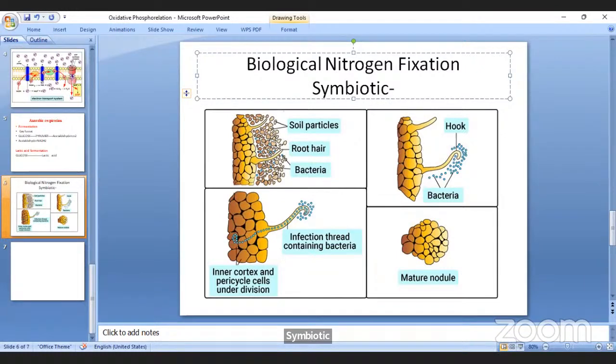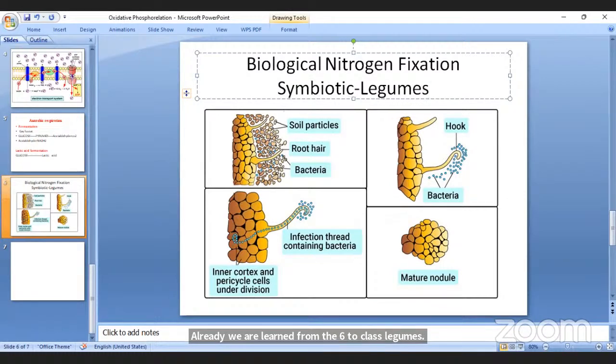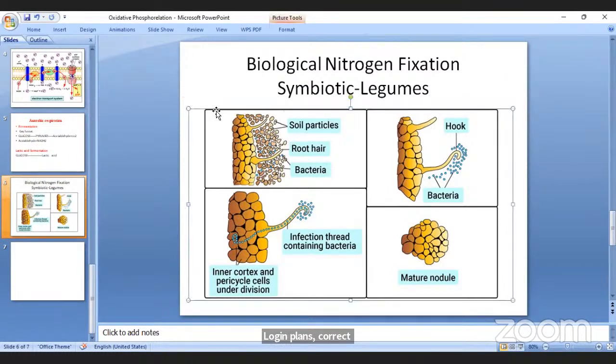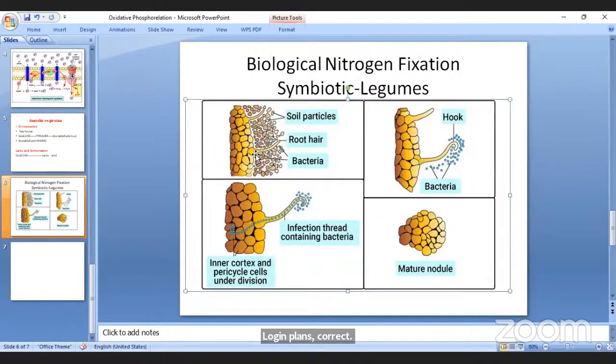The best example, we have already learned from the 6th class, legume plants, right? So there are clearly 4 steps. And first, this is the root structure of a legume plant.